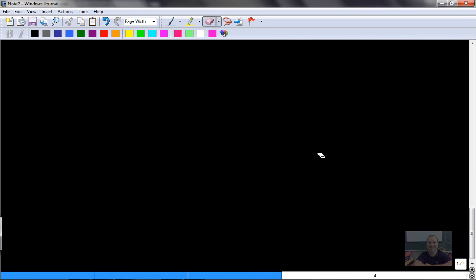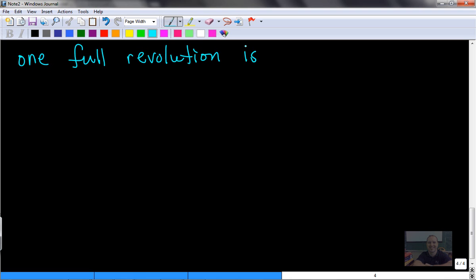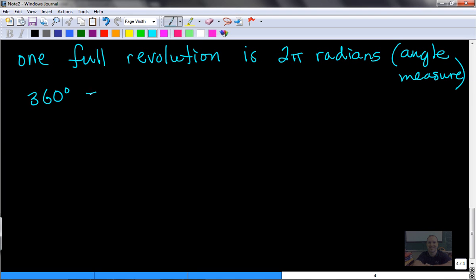So let's write that down. 1 full revolution is 2 pi radians, and that is, of course, the angle measure. Which means that 360 degrees equals 2 pi radians.